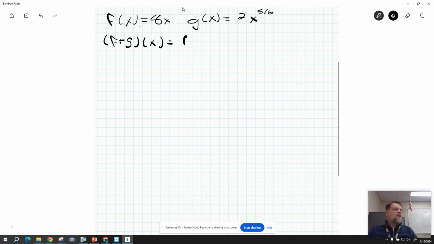So that is just f of x plus g of x. So then that would be 8x plus 2 times x raised to the 5/6.